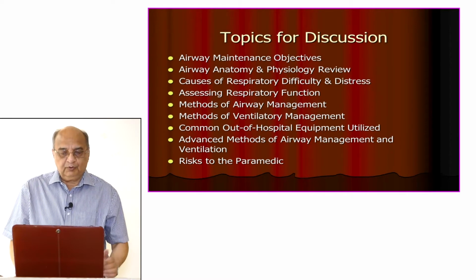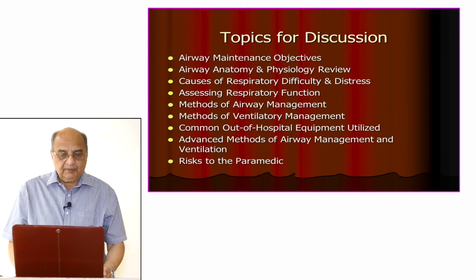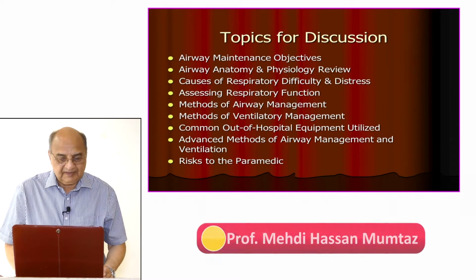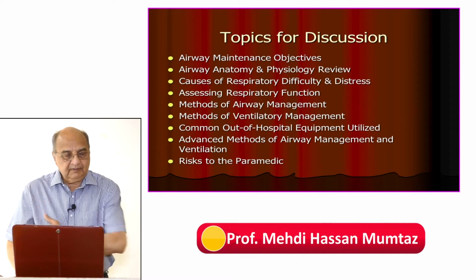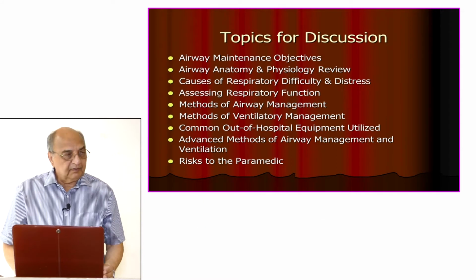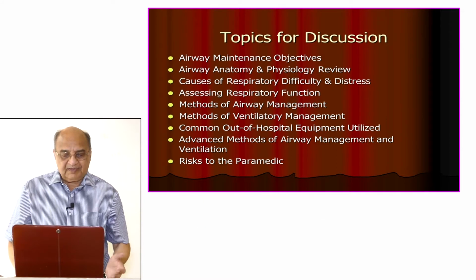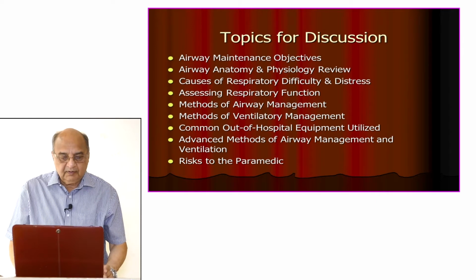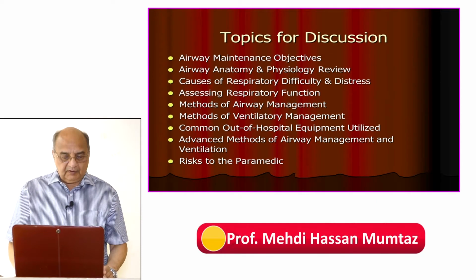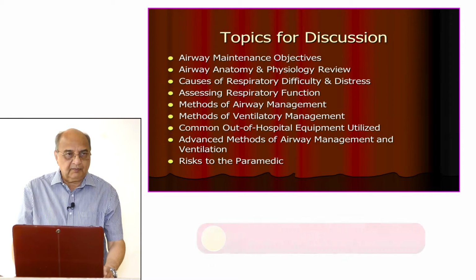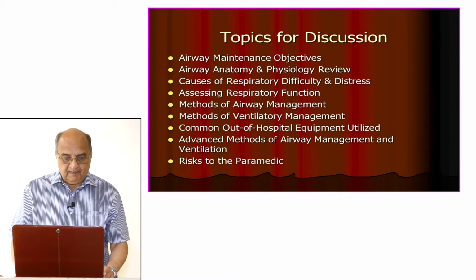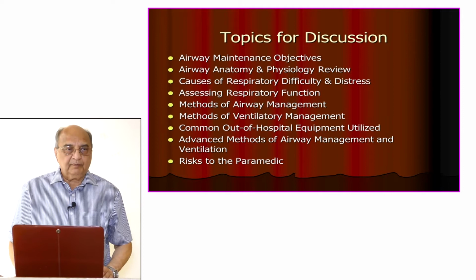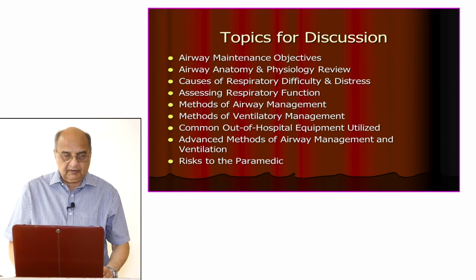And before that, what is the airway anatomy and physiology, causes of respiratory difficulty and diseases, and distress caused by difficult breathing, and how we assess the respiratory function, methods of airway management, methods of ventilatory management, common out-of-hospital equipment utilized, advanced methods of airway management and ventilation, and risks to the paramedics, which do not exist in our country.